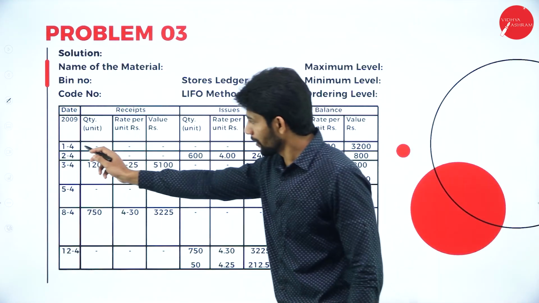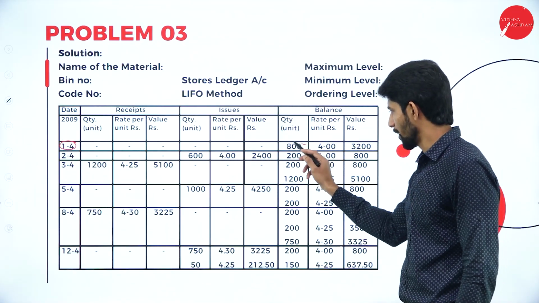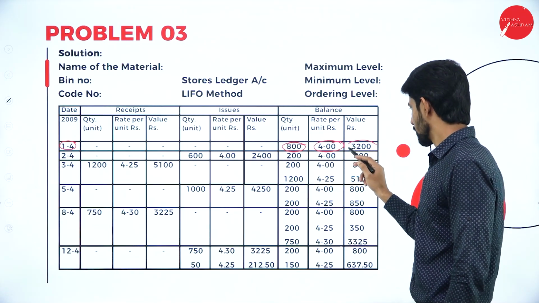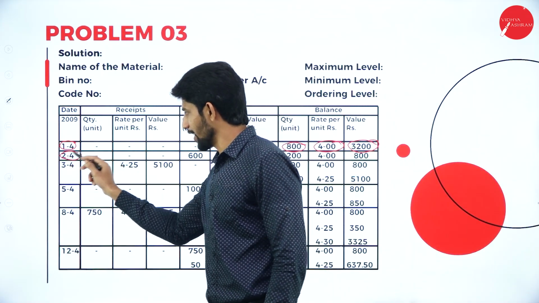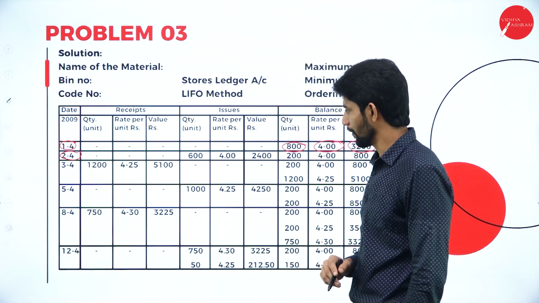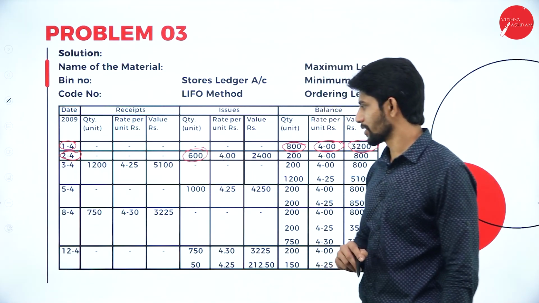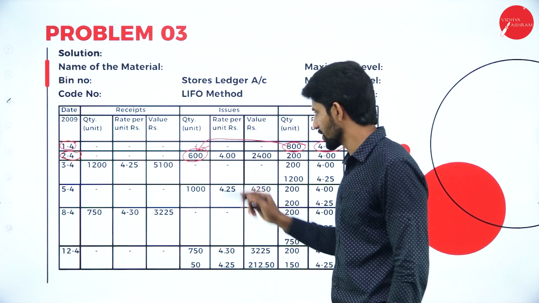So on 1st April, what is the opening balance we have? 800, 4 per unit, and 3,200 will be the value. On 2nd April, what did they do? They issued 600 units. So from this 800, you are issuing 600 units.